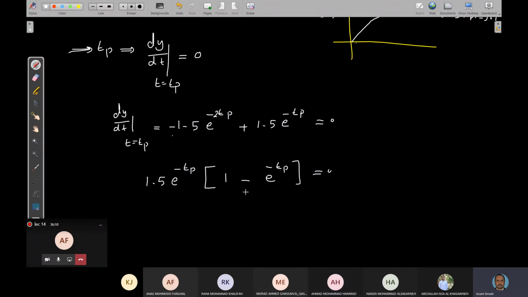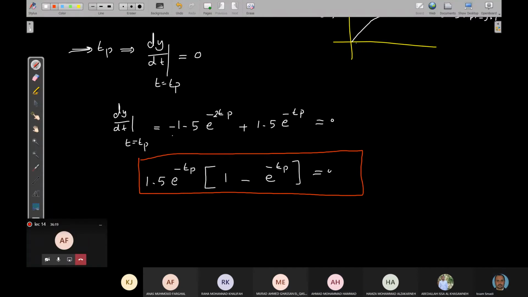Okay. Ahmad. This equation is equal to 0 if and only if what? Can you evaluate this? Infinity or 0. One more time. When t equals infinity or 0. Yes, which means that either the first one, this one is equal to 0, or the one in parentheses, this one is equal to 0, correct?